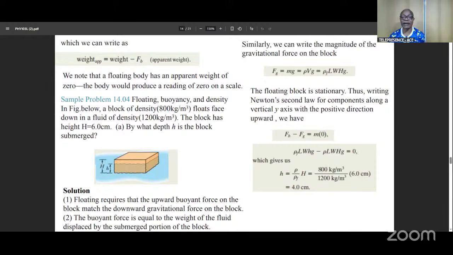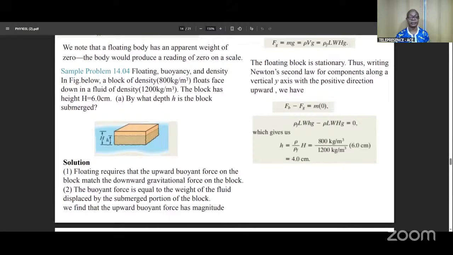So what is at play is the density and the height that we saw in that expression. So what we just have is 4 centimeters. That's the depth h by which the block is submerged.